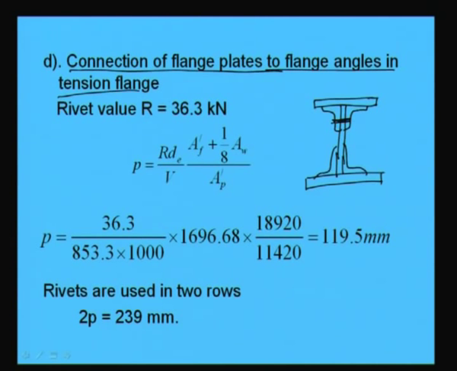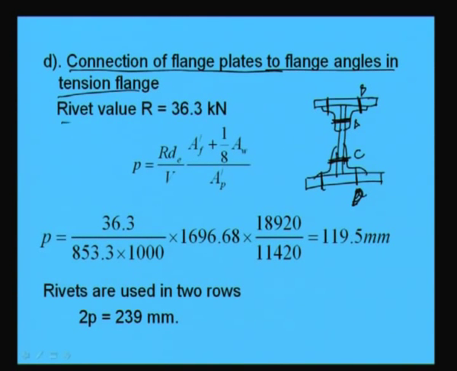Now, what will be the pitch distance here, here, and here. So, in compression and again in tension, this is one, this is another one, this is connection of flange plates to flange angles in tension plate, right. This is case D, this is case C, this is case A, this is case B, right. So, 4 cases are happening, right.